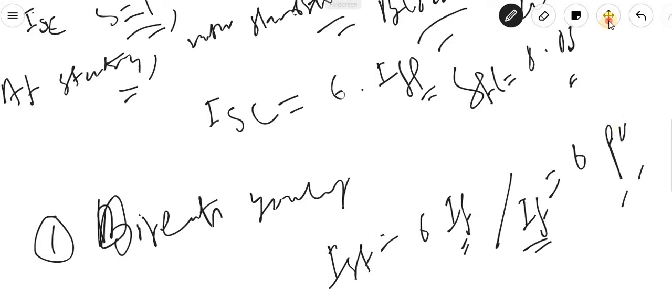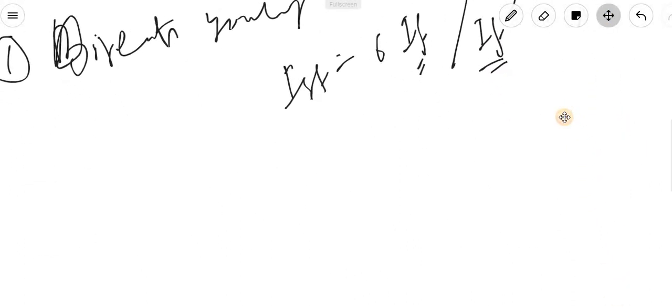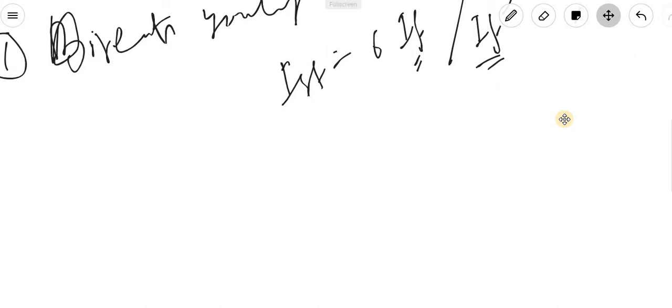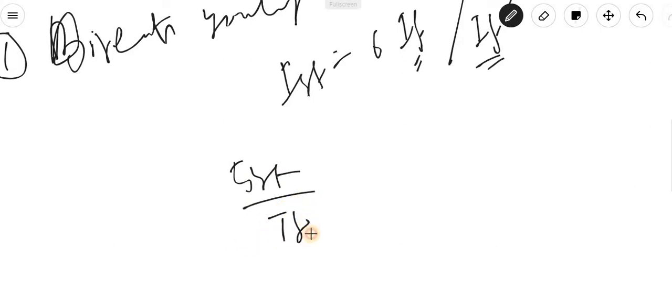Now the starting torque. What would be the starting torque? Starting torque and full load torque, what is the proportionality ratio?